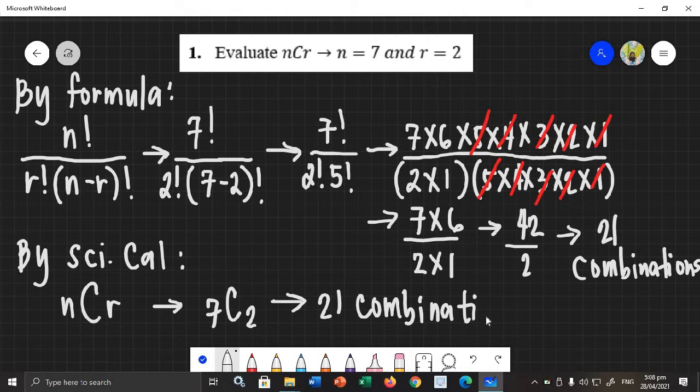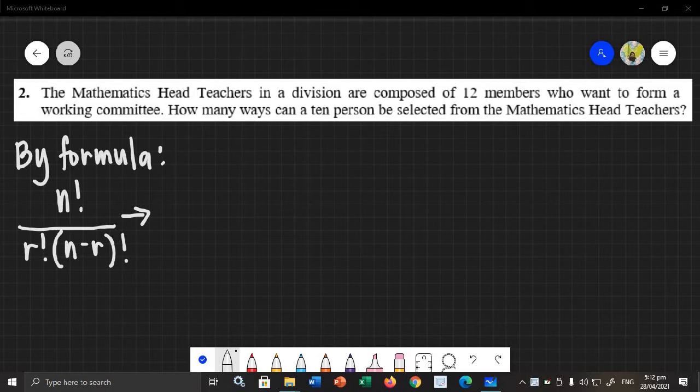You will get the same answers whether you use the formula or the scientific calculator. But it is much better to use the scientific calculator so we do not have to solve the long way. You can just identify the N and R and then type it in your scientific calculator and it will give you the answer.